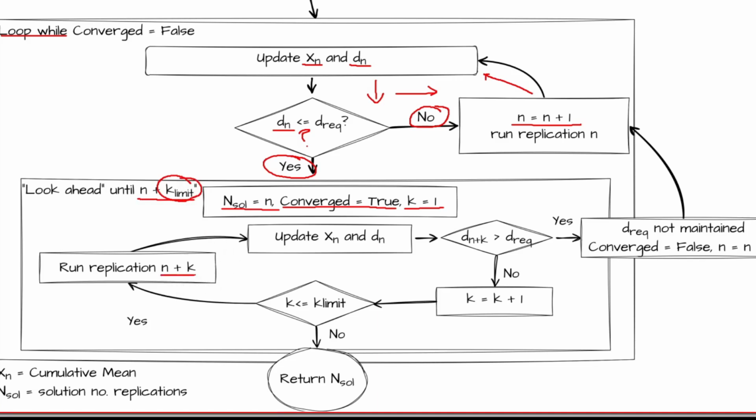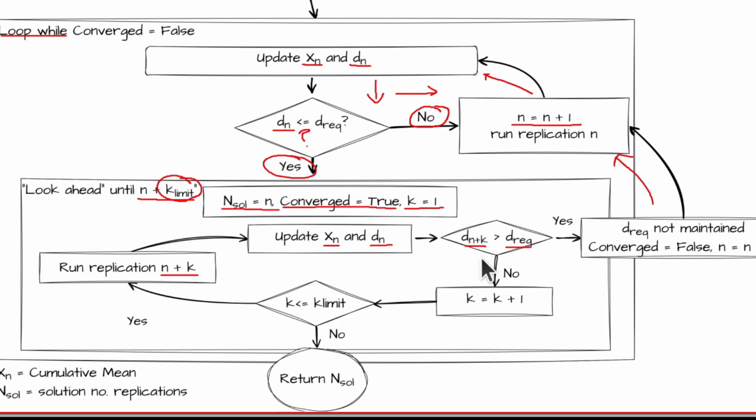So first of all, we run replication n plus k. We update xn and dn at each iteration. We check if the new precision is now breaching our required precision. If it has, we terminate this loop and we go back up and run more replications of our model until we hit that precision again.